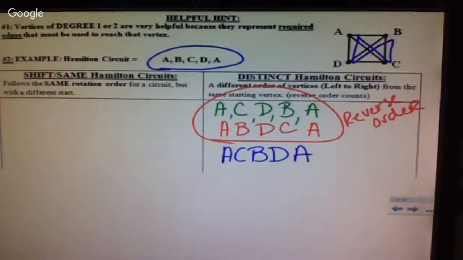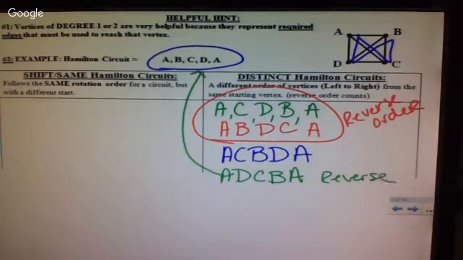A, D, C, B, A. This one's reverse order. There's one more. What'd you say?